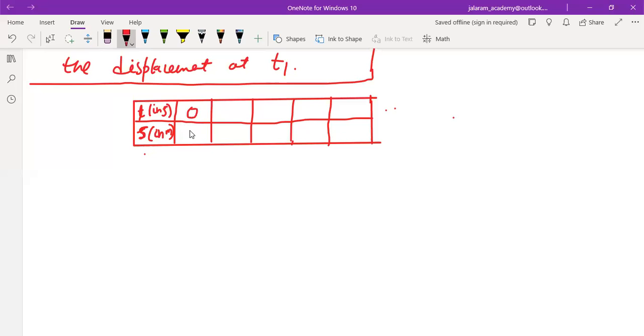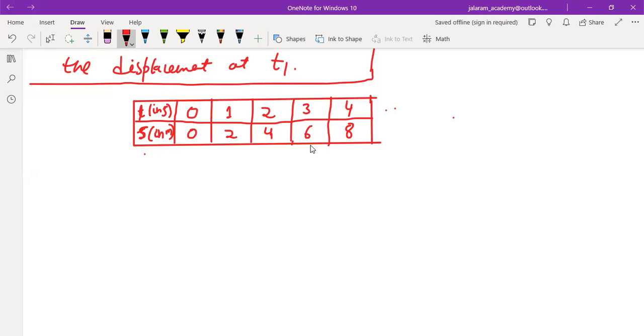When time is 0, displacement is 0. After 1 second, the body is 2 meters away. After 2 seconds, 4 meters. After 3 seconds, 6 meters. After 4 seconds, 8 meters.